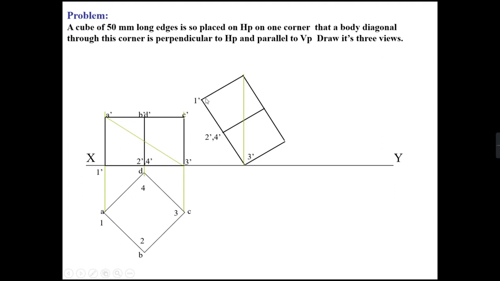And the faces passing through this edge, means 1 dash, 2 dash, B dash and A dash, and 1 dash, 4 dash, D dash and A dash. So this will be visible, and other parts we will draw with the help of a dash line.